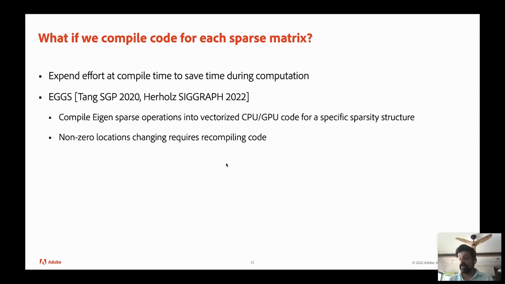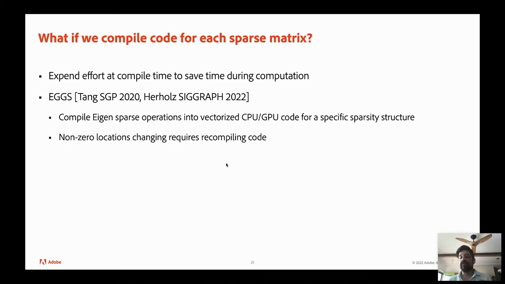And some initial work in this area we published in SGP in 2020. We took the Eigen API and we basically compile it into vectorized CPU code for a specific sparsity structure. So this isn't quite making it so that we're compiling for a specific sparse matrix, but we are compiling for that specific sparse matrix structure.